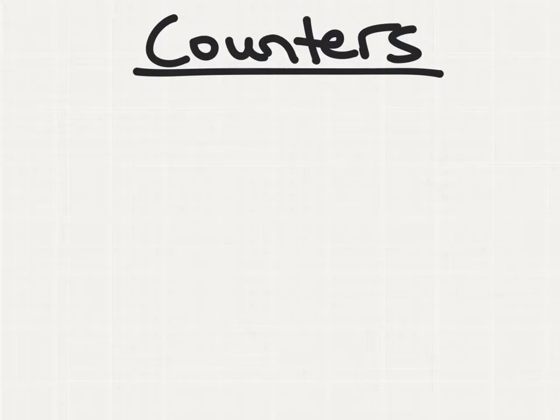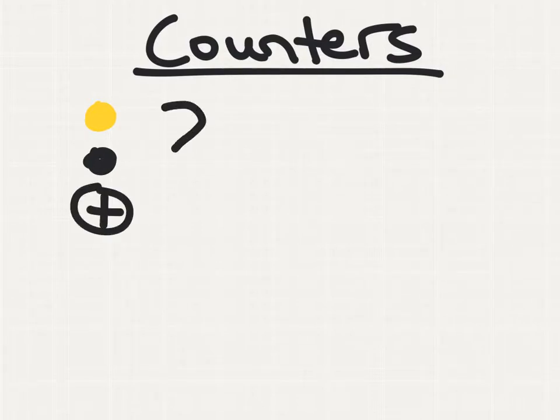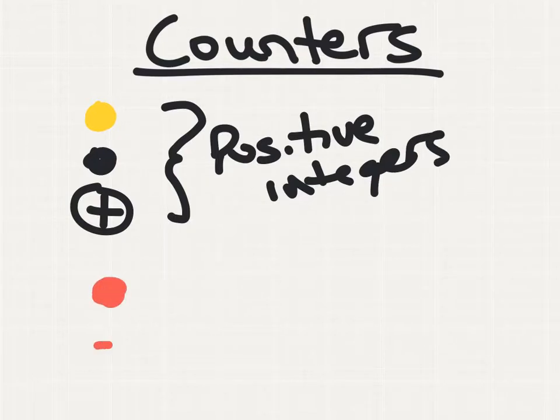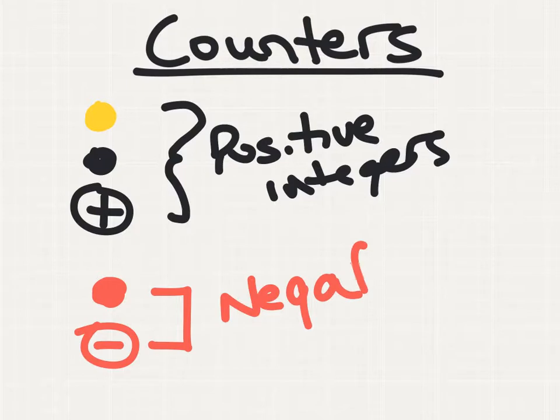So when using counters, we should expect to see yellow counters, black counters, or positive symbols in a circle to represent positive integers. We should also expect to see red circles or a negative symbol in a circle to represent negative integers.